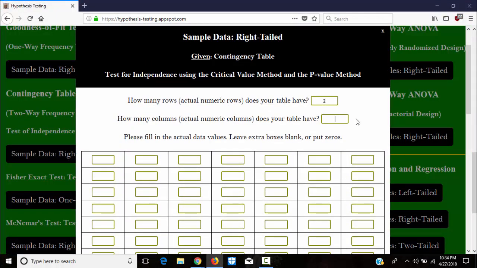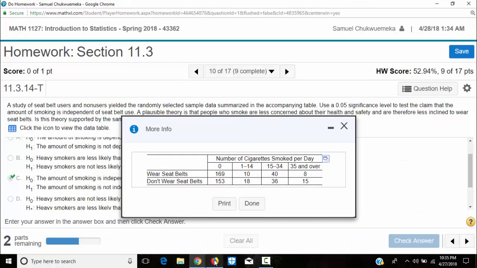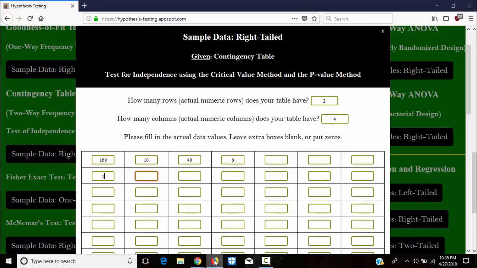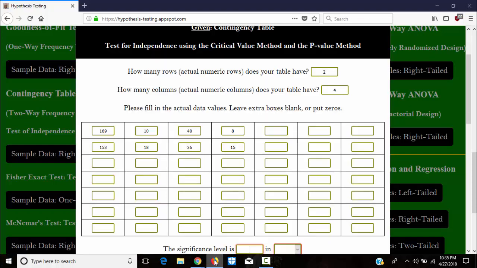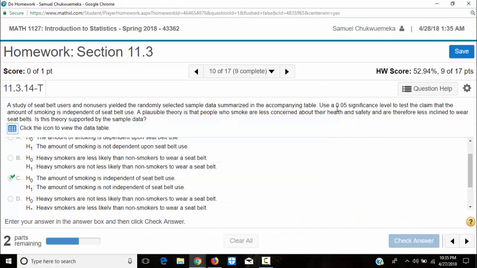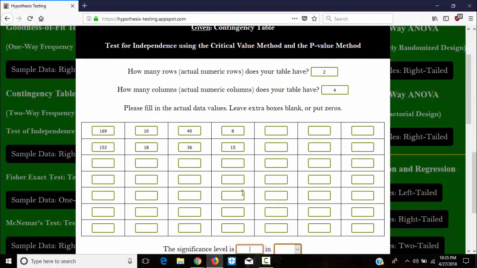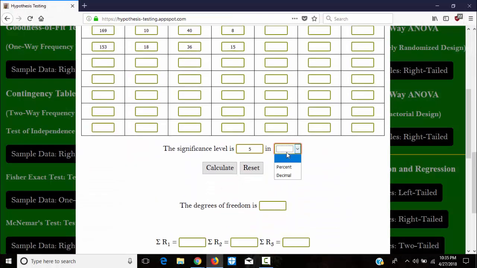The second row is 153, 18, 36, 15. We do this with a 5% significance level.